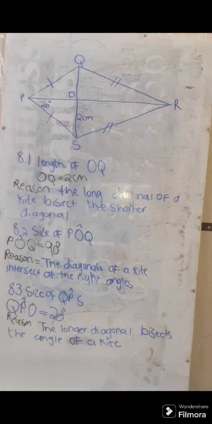So we are done with this one. I hope you understood this question. Let's go to the next one. In question 7.1, we have this shape here, a rhombus. In the diagram below, PQRS is a rhombus.